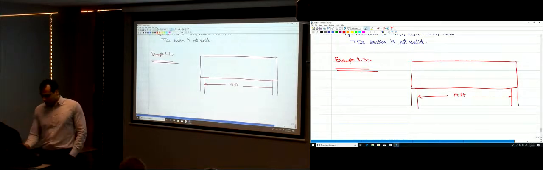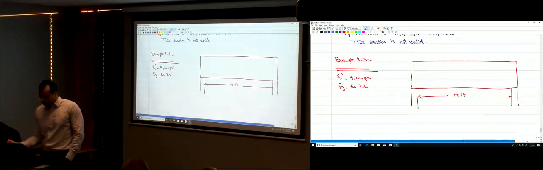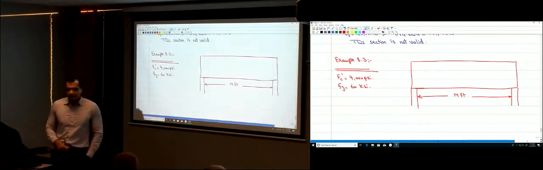This beam is made out of reinforced concrete. F'c for the concrete is 4,000 psi. Fy for the steel reinforcement is 60 ksi for all the steel, the longitudinal and the transverse.